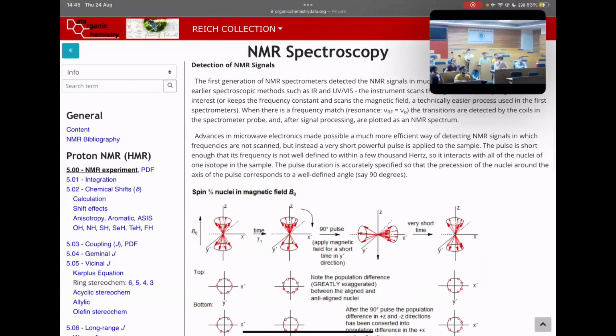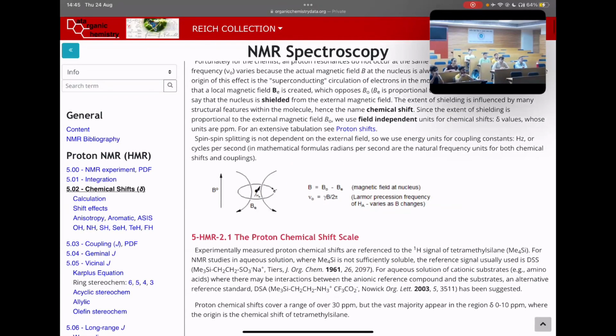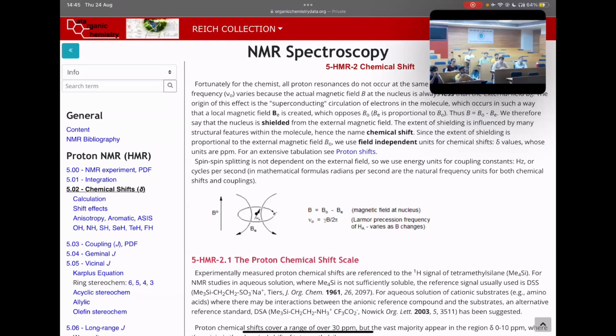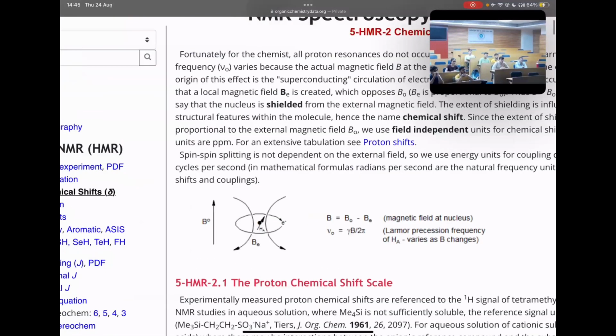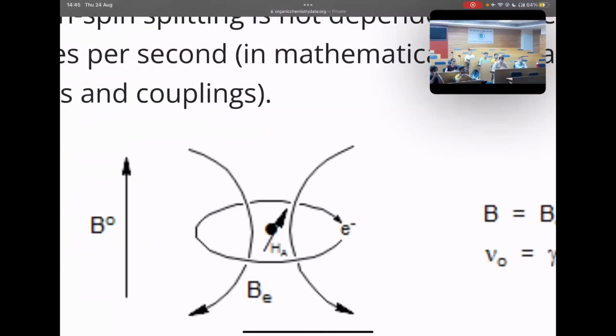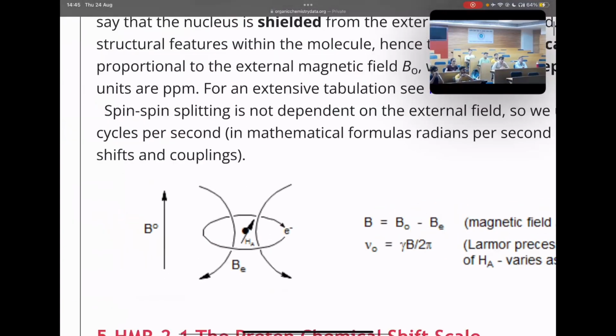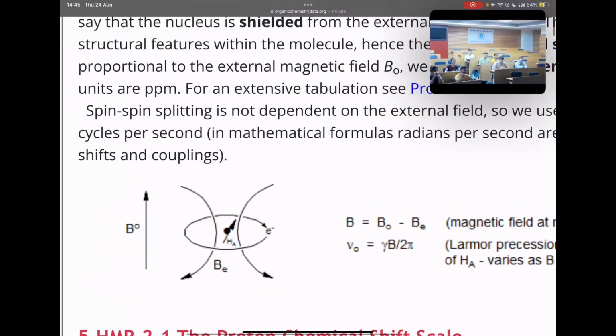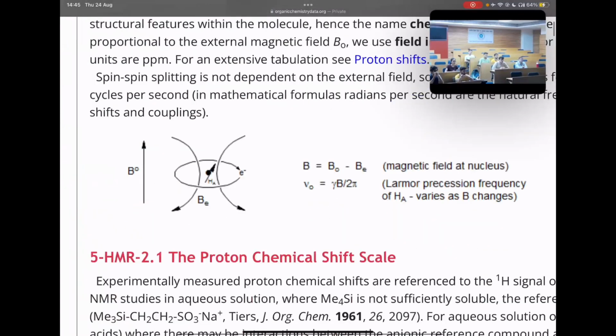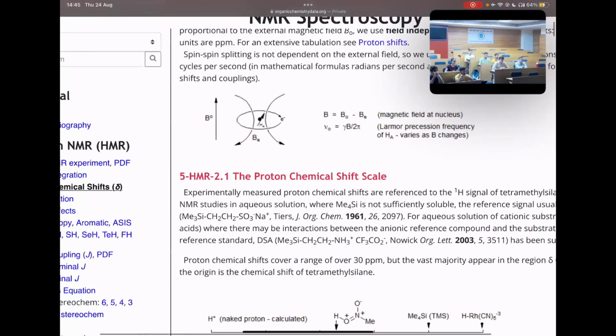But the major reason I would like to look here is chemical shifts. This is something we have seen before. They are trying to give an idea of how, if there is a spin present, the effective magnetic field changes right around it, giving a slightly different chemical shift depending upon where it sits.